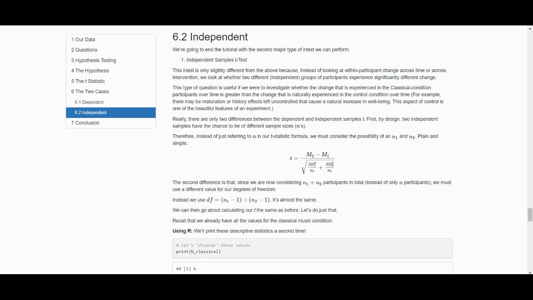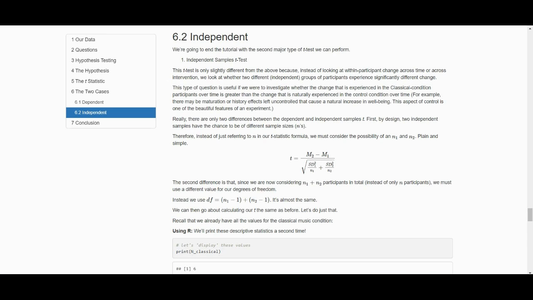This type of question is useful if we were to investigate whether the change that is experienced in the classical condition participants over time is greater than the change that is naturally experienced in the control condition over time. So from an experimental standpoint, this is really helpful to help rule out maturation effects or history effects that were previously left uncontrolled with our above dependent test.